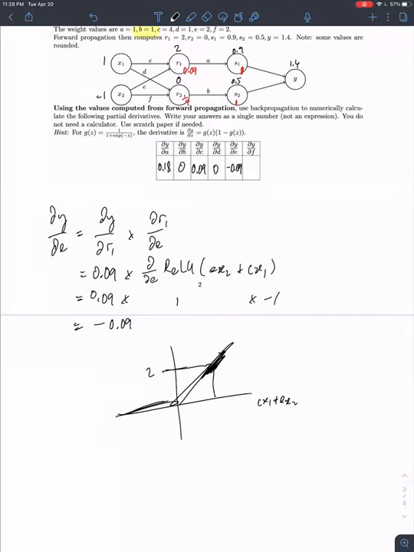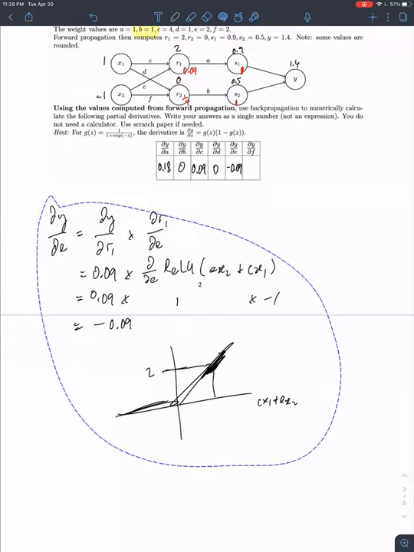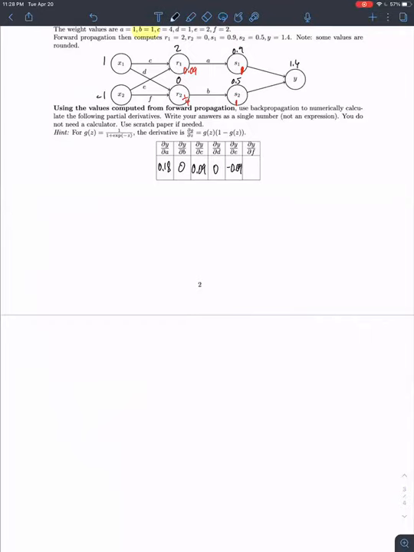And now what's the final part? The final part is partial y, partial f, right? So partial y, partial f, that's equal to partial y, partial r2 times partial r2, partial f. So partial y, partial r2, we can look it up, it's 1/4. And then what's partial r2, partial f?